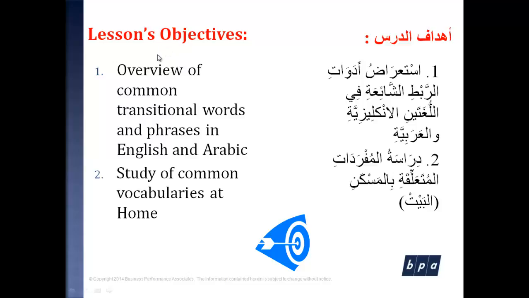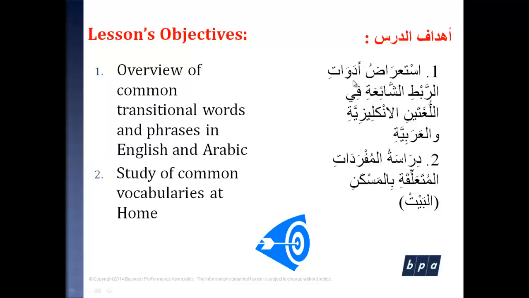Lesson objectives: an overview of common transitional words and phrases in both English and Arabic, and a study of common vocabulary at home. أهداف الدرس, the objectives of the lesson. الدرس is lesson, the lesson. استعراض أدوات الربط الشائعة في اللغتين الإنجليزية والعربية.